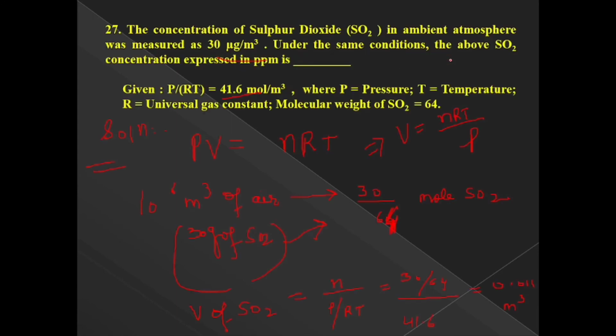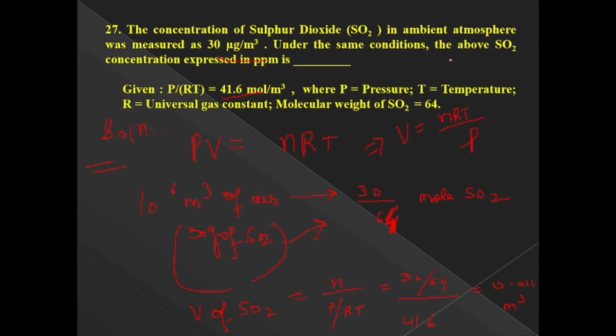Now we have to calculate the concentration of sulfur dioxide, not the volume of sulfur dioxide. The value is 0.01127 meter cube. That is the volume of sulfur dioxide, that is the answer. Okay. So we have to apply here PV is equal to nRT. 1 meter cube of air has 30 microgram sulfur dioxide.